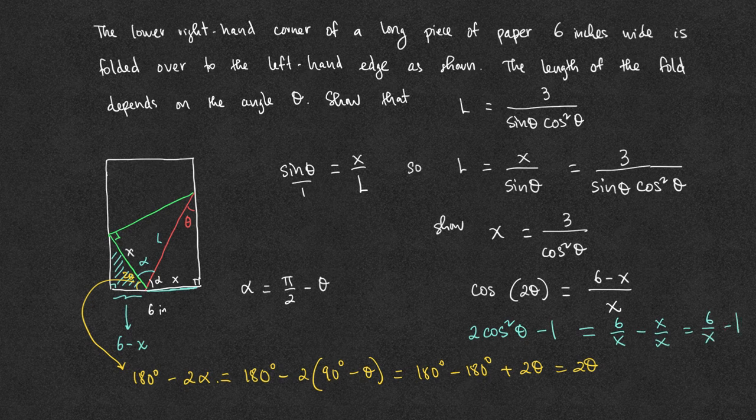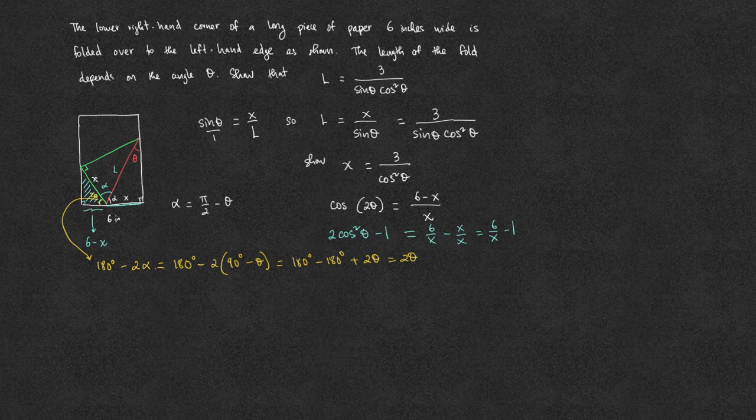We then cancel the minus 1 on the left and on the right hand side of this equation to get 2 cosine squared of theta equals 6 over x. Cross multiply, we have x equals 6 over 2 cosine squared of theta, which is 3 over cosine squared of theta, which is what we want.